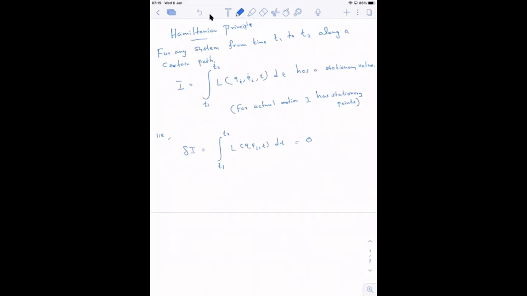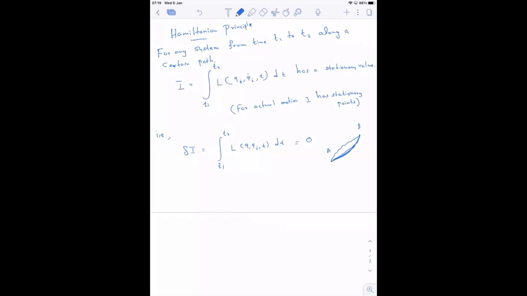So if I draw this in a diagram, it is something like this, that let's say you have 2 points A and B. So it may follow this path, and then after that you change the function itself, right? So once you change the function, then you look at what happened to the integral, right?